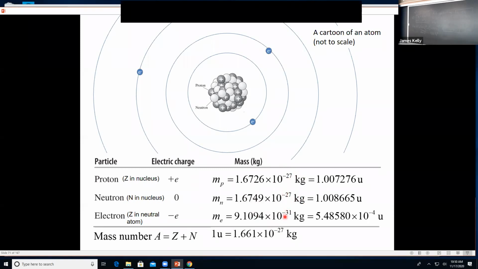Kilograms is the SI unit, the one you probably used in science class before, but there's another non-SI unit called atomic mass units, and the symbol for that is U. Basically, a proton and a neutron are almost 1 U, so that makes them very convenient for nuclear physics. The mass of the proton is just a little over 1 U. The mass of the neutron is just ever so slightly more than 1 U. And then the mass of an electron is like 5 times 10 to the minus 4 U, so it's quite a bit smaller.